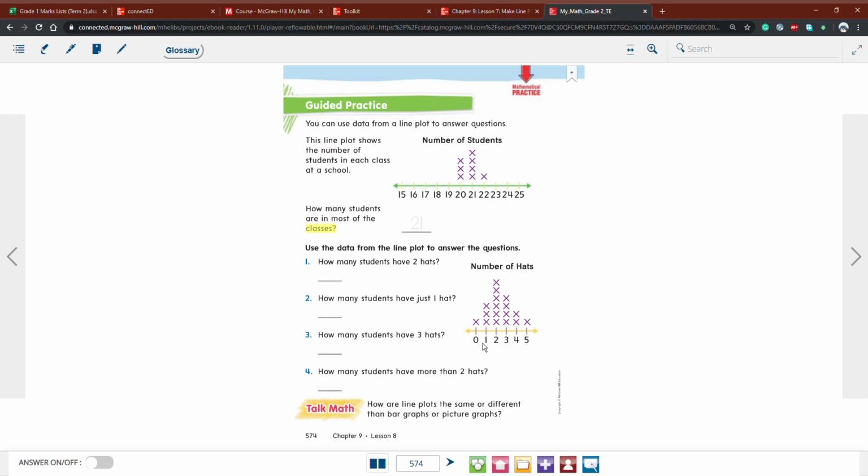Here we have 0 hats, 1 hat, 2 hats, 3 hats, 4 hats, and 5 hats. And the x represents the number of students that have this data. So here are the numbers down, and the numbers here are the hats.